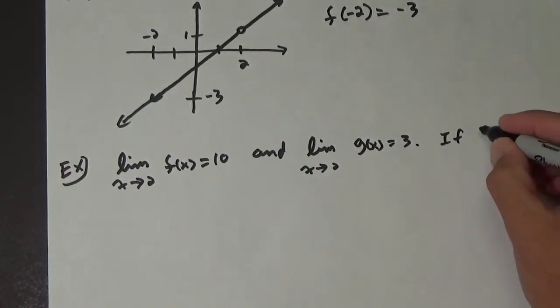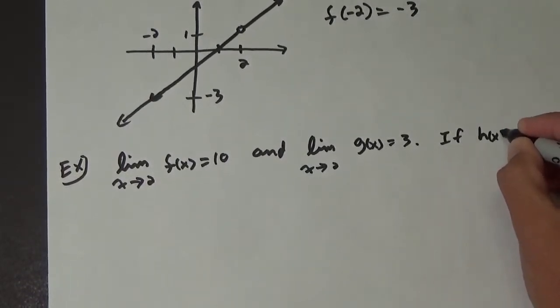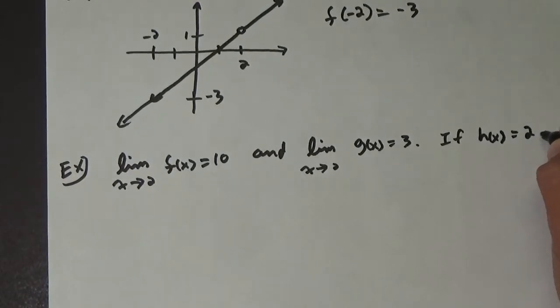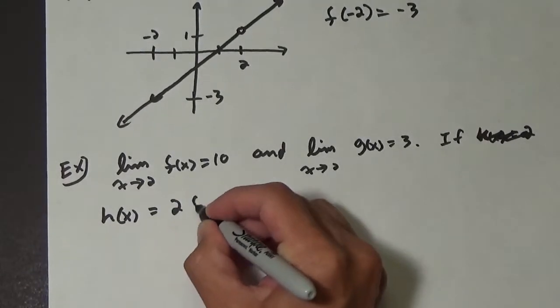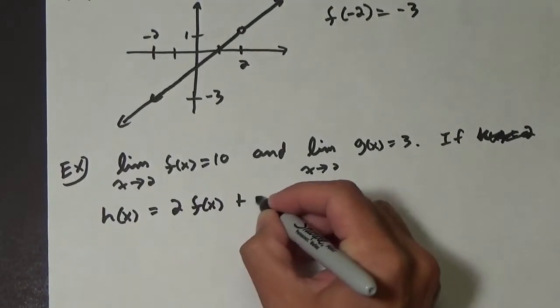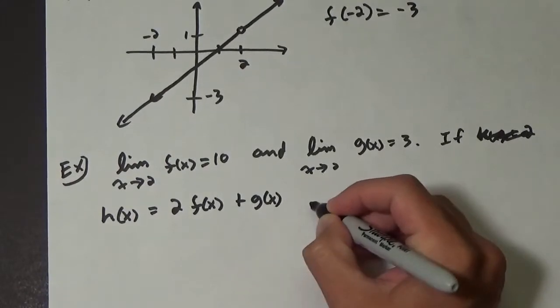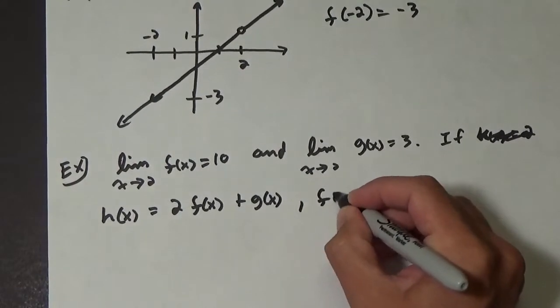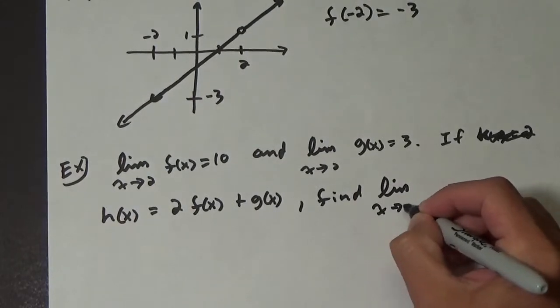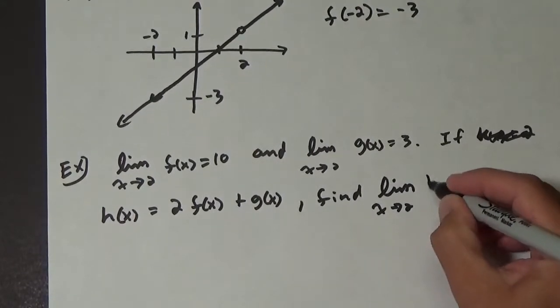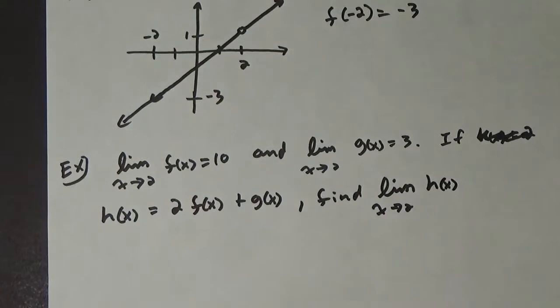If h of x equals 2 f of x plus g of x, find the limit as x approaches 2 of h of x.